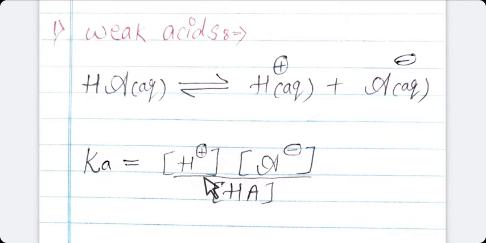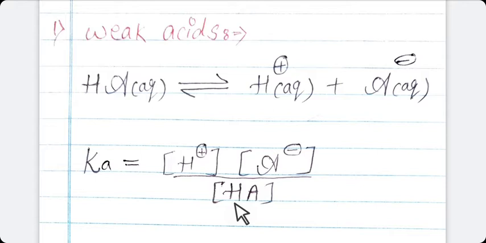So the formula of Ka is capital K and small a. For general reaction of weak acid, the formula of Ka means acid dissociation constant is concentration of H plus into concentration of A minus upon concentration of HA.